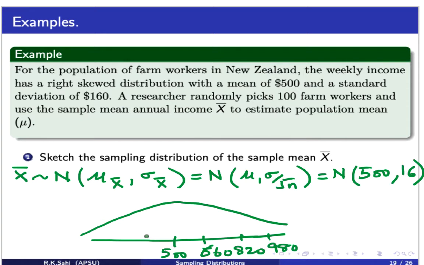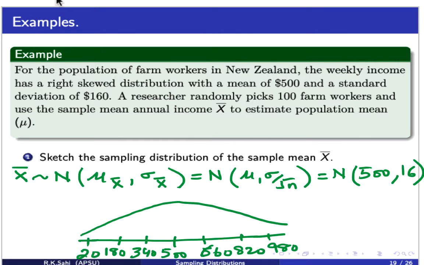Now let's go to the left hand side. So 500 minus 16 is going to be 484. Subtract another 16, you get 468, and subtract another 16, you get 452.